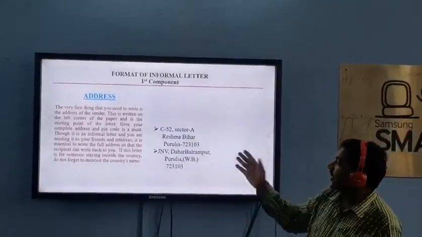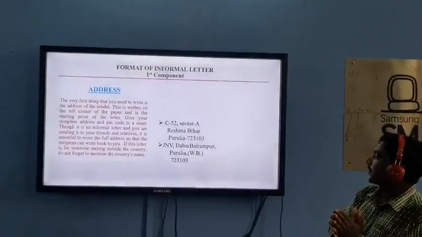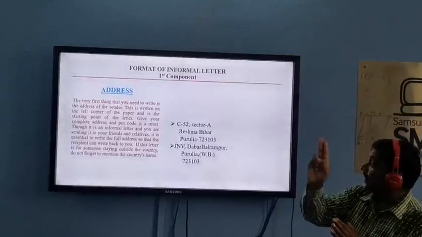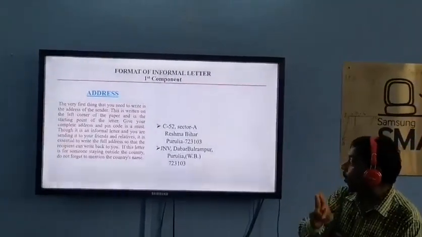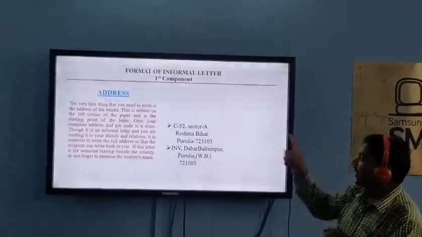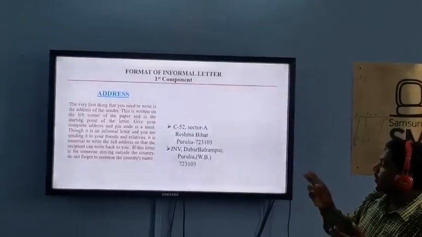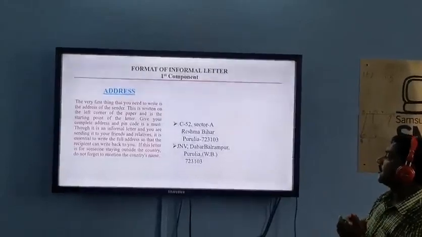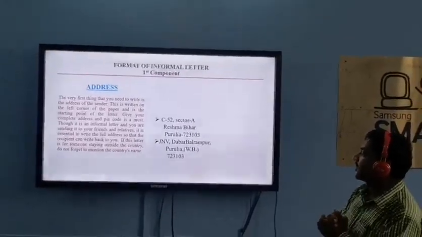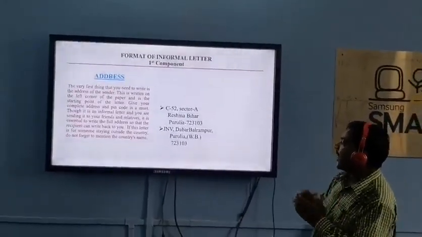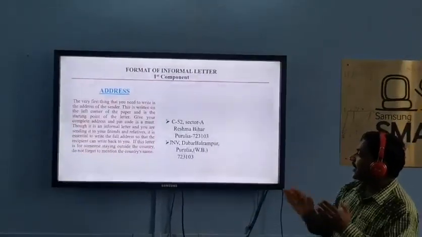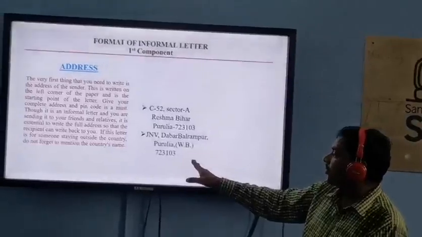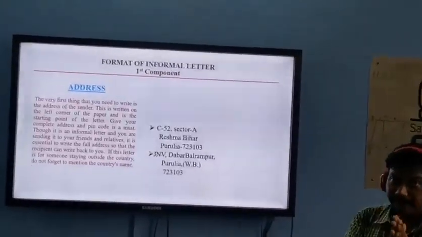This is written on the left corner of the paper and is the starting point of the letter. Give your complete address, and the pin code is a must. Though it is an informal letter and you are sending it to your friends and relatives, it is essential to write the full address so that the recipient can write back to you. If this letter is for someone staying outside the country, don't forget to mention the country's name.